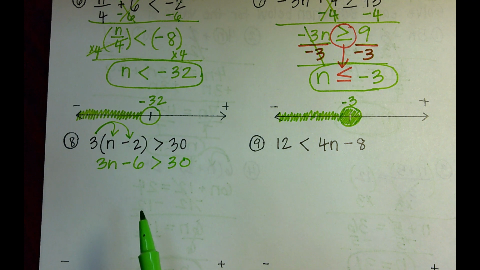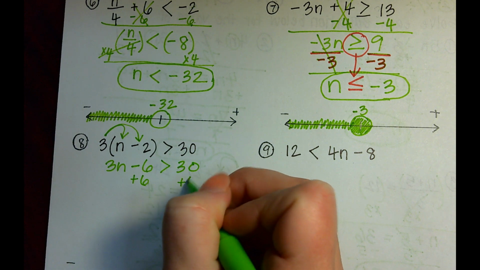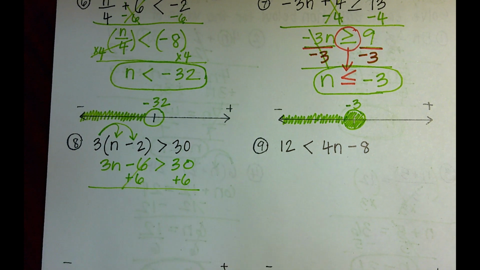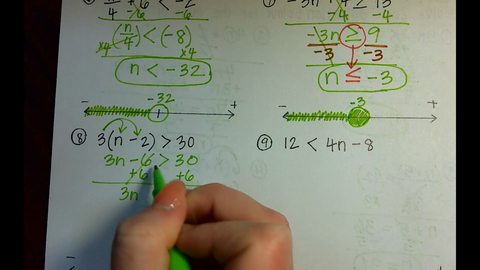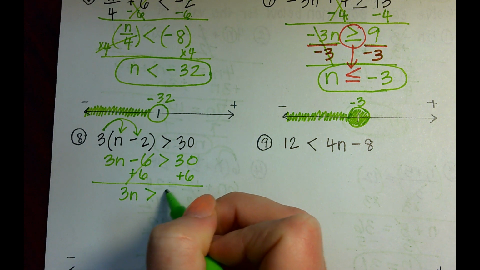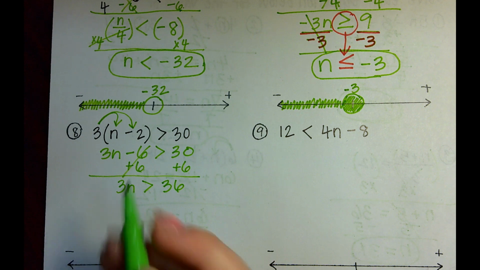And what do I do next? Yes, add 6 to both sides. 3n greater than 36. Perfect.